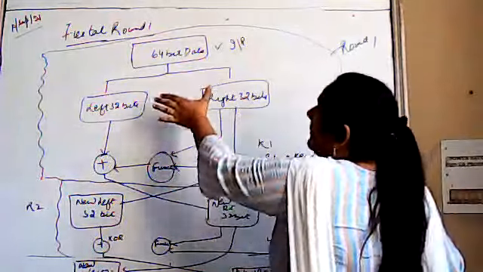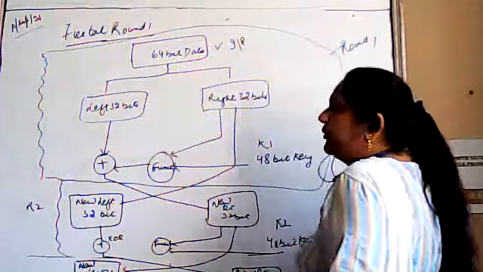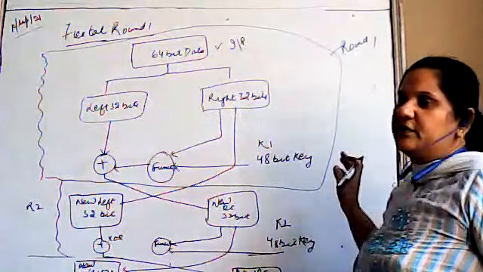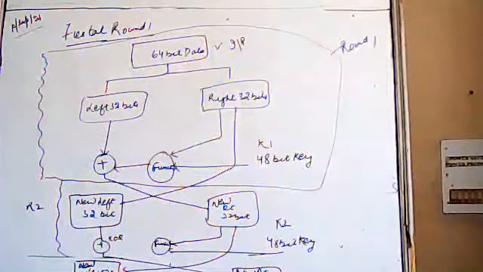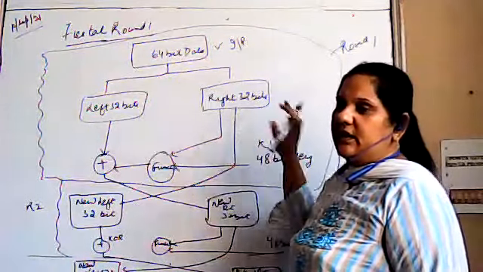I repeat again, 64-bit data is the input for the Feistel round. In the first Feistel round, it will accept the 64 bits of data, then it is divided into two equivalent parts of 32 bits each. Fine. So this is the left 32 bits, this is the right 32 bits.